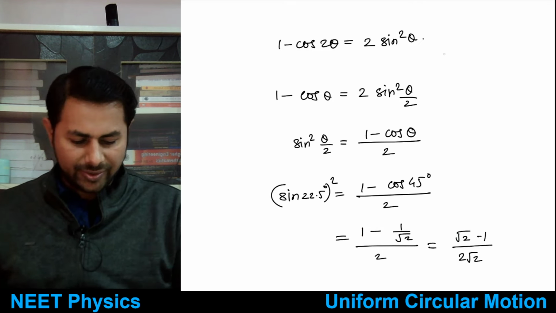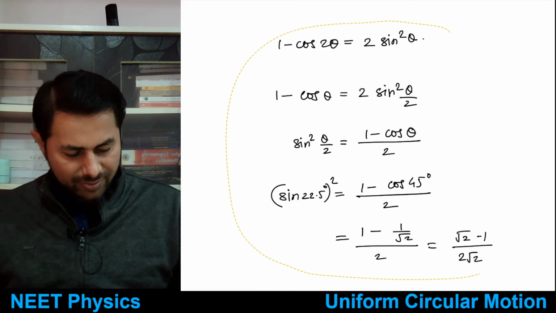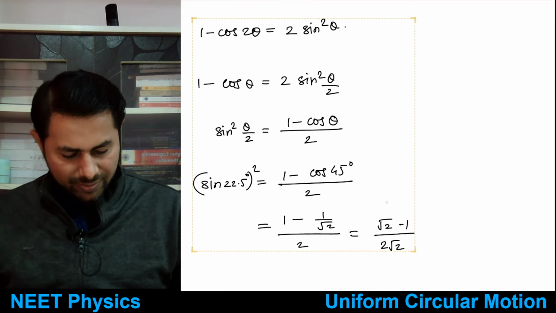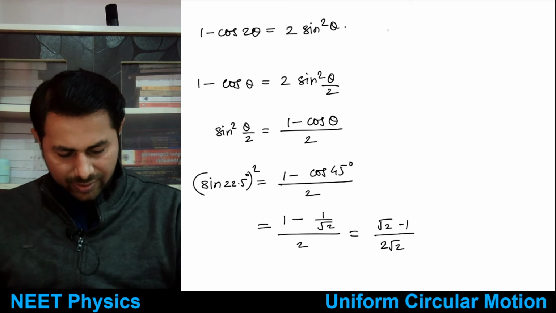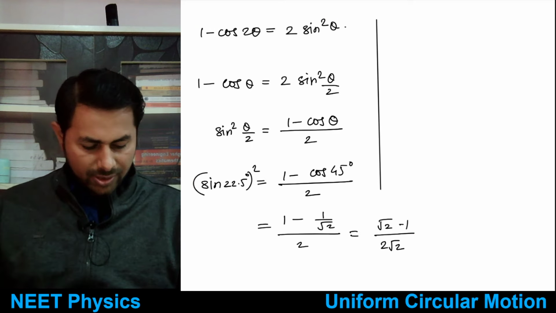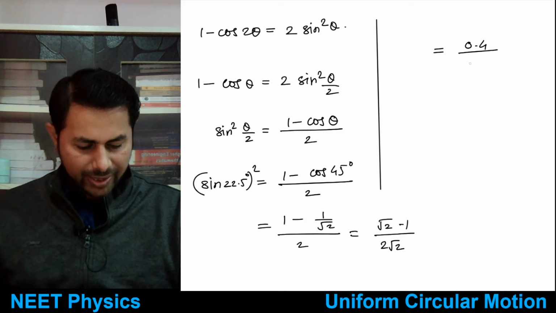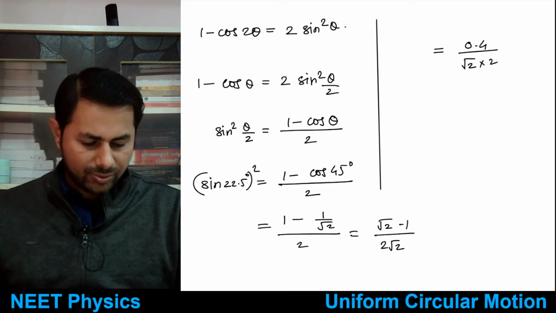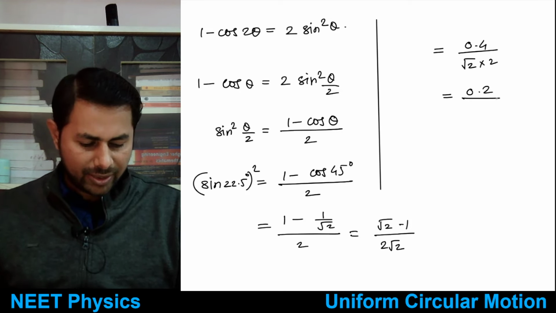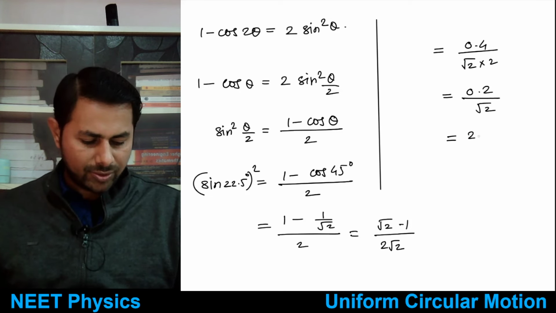Okay, so this is lengthy. This is equal to 0.4 divided by root 2 times 2. So you can say it's 0.2 divided by root 2. Or you can say it is 2 times 0.1 divided by root 2.